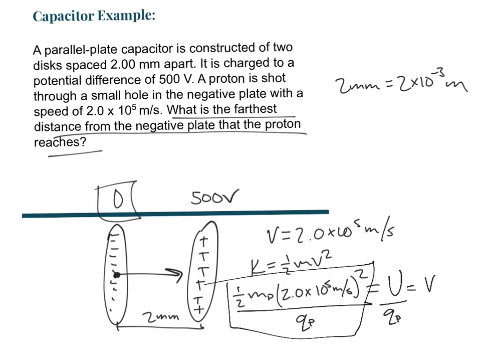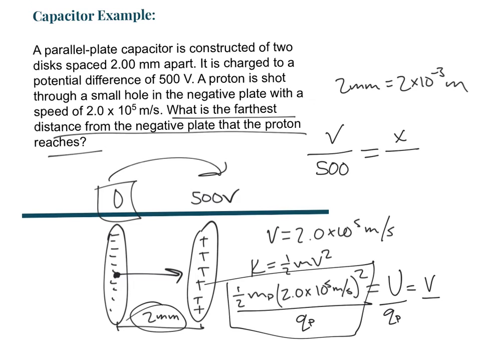And to figure out the distance that the proton reaches, you take that V and figure out how far between 0 and 500 it is. So you do V out of 500, solve it like a proportion, that equals the furthest distance x out of the total distance between the plates, which was 2 millimeters.